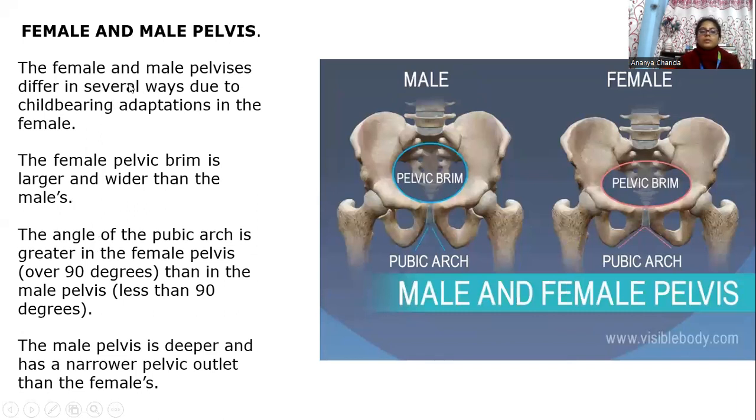So what is the difference between the female and the male pelvis? The female pelvis is larger and wider in structure compared to the male pelvis. So this is the male pelvis and this is the female pelvis.